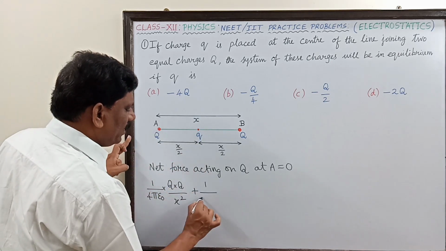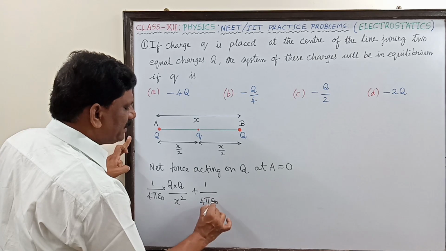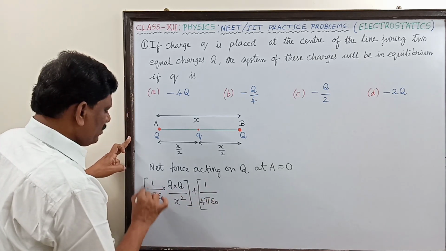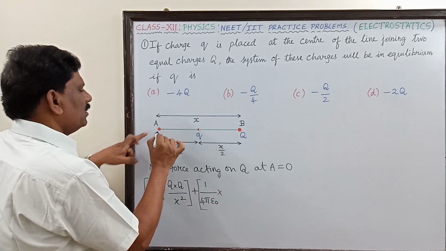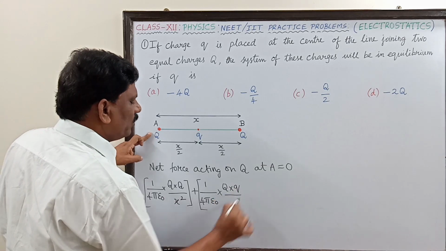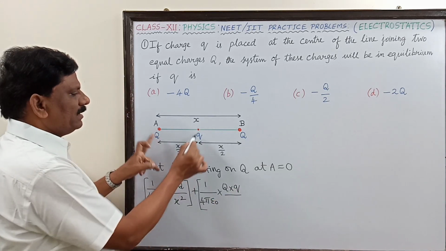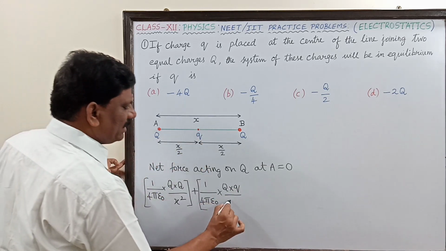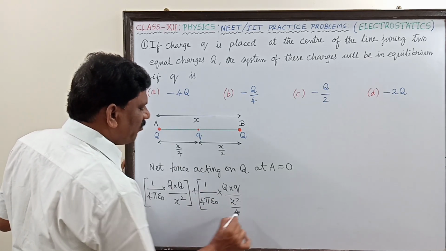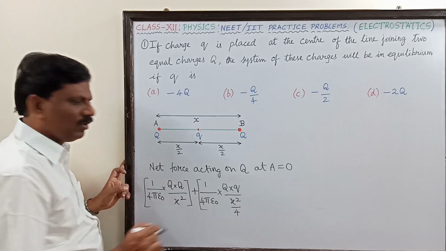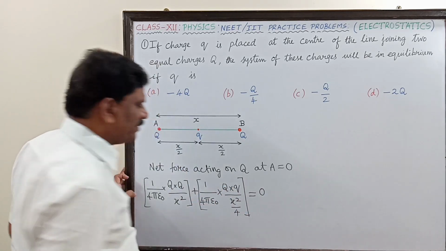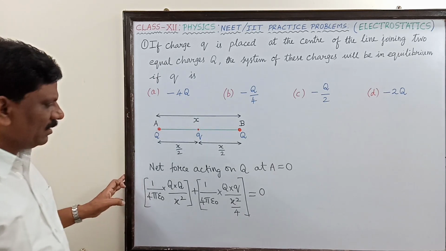So that is equal to 1 by 4 pi epsilon naught into capital Q into small q divided by the distance between these two charges, which is x by 2. So this is x square by 4, x by 2 the whole square. And this net force must be equal to 0.